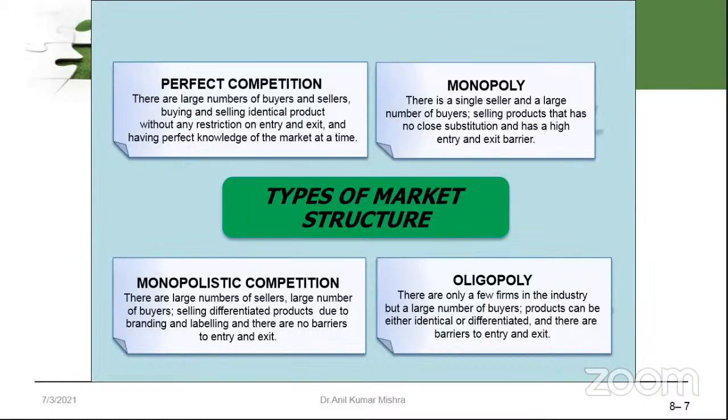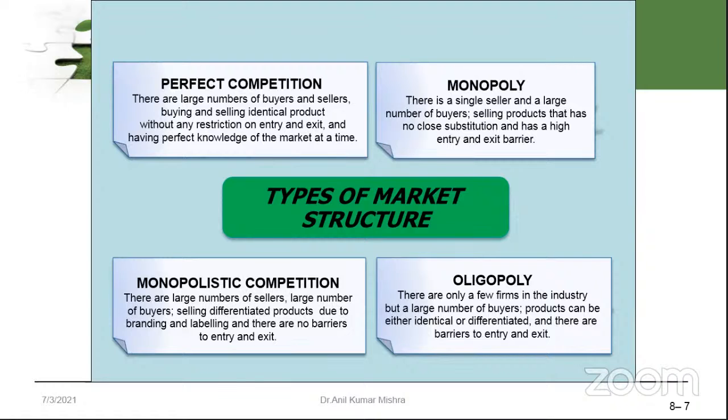In perfect competition it produces a homogeneous product, but here it produces a heterogeneous, differentiated product like in monopoly. And here there is also free entry and exit, with no barriers, like perfect competition, right?